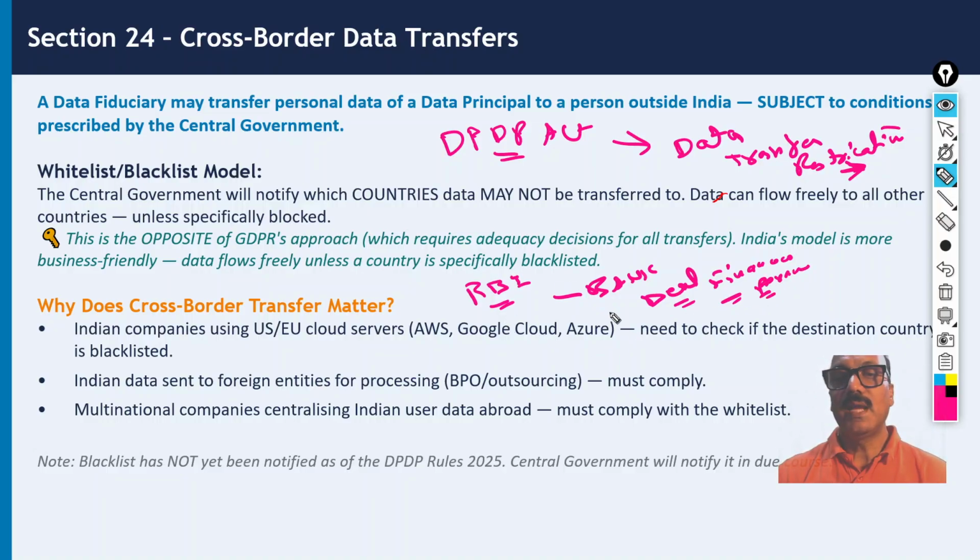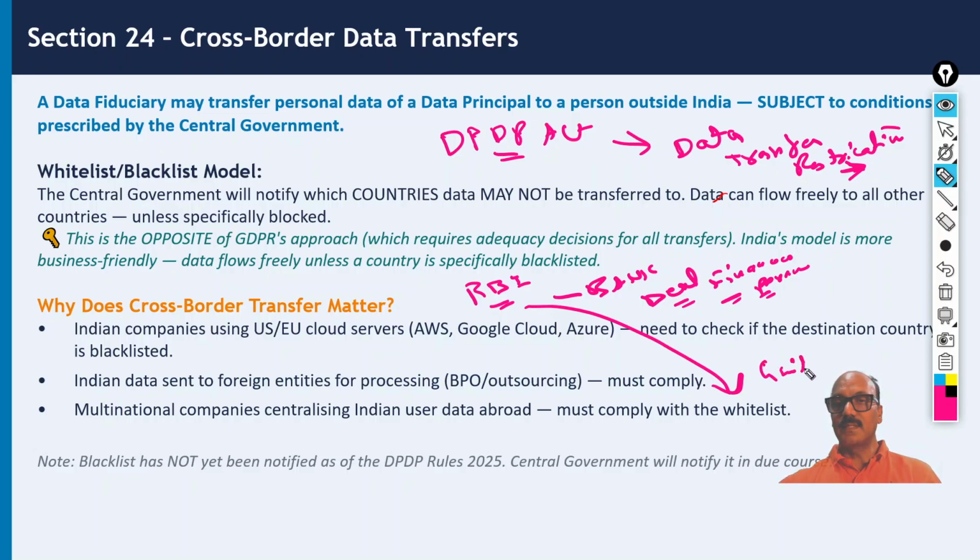So all banks under RBI have their own rules with regard to transfer of financial information to other countries. We have payment companies too, and they have their own guidelines or restrictions to follow.